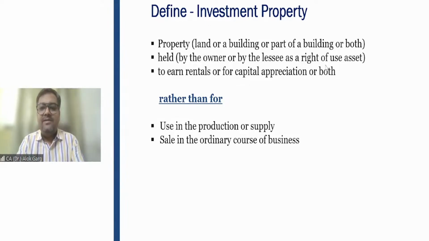Then what is it? It is your investment property. So friends, always remember two assets for two purposes. Land and building held for rental or capital appreciation is considered an investment property.